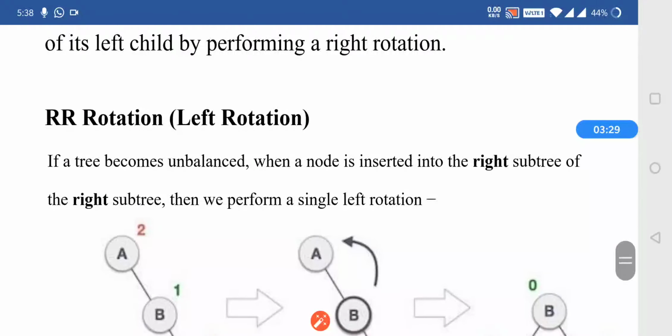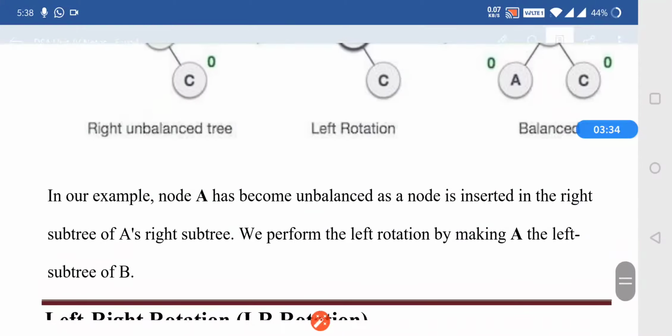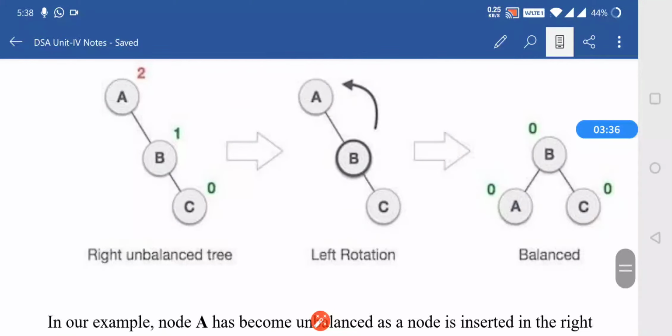Now the next is RR rotation. In RR rotation, we can see this particular tree. Here is the tree. This is the unbalanced node. Again the balance factor is more than 1. So what we have to do, first we find out which is the unbalanced node.